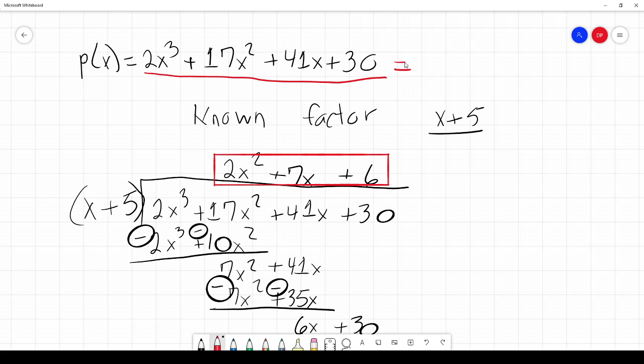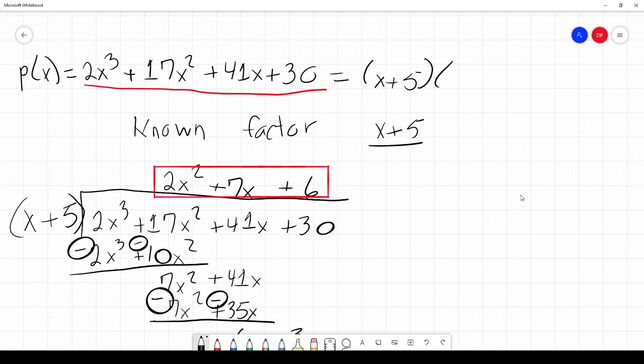And we were told that x plus 5 is a factor, which means we could also write this as x plus 5 times whatever's left over. And so basically, I wanted to find what would be left after I took out that x plus 5. Well, that's exactly what I just did when I divided out this x plus 5.